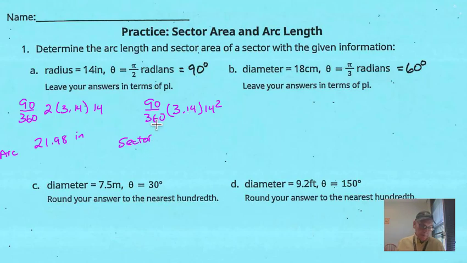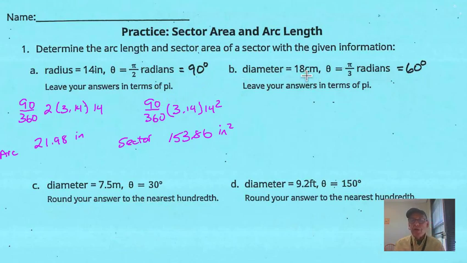So we have 90 times 3.14 times 14 squared divided by 360. That's 153.86. But these units are inches squared. So inches for arc, inches squared for sector area.